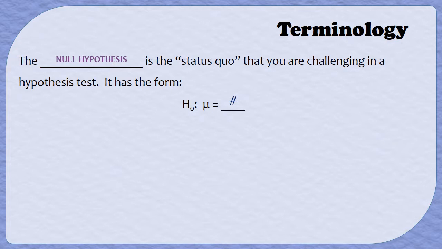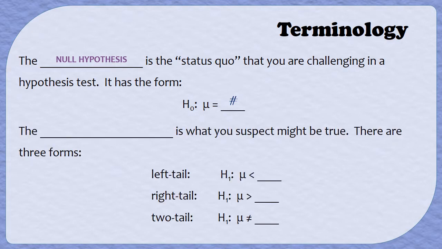The hypothesis you're using to challenge the null hypothesis is called the alternate hypothesis. So the alternate hypothesis is what you suspect might be true. And the way that you form your alternate hypothesis, we're going to choose one of three, and it will be based off of your suspicions. So in the case of men being 10 feet tall, my suspicion is that that is too big.